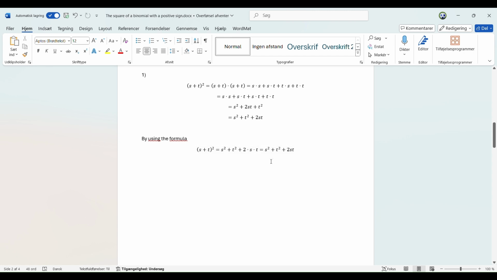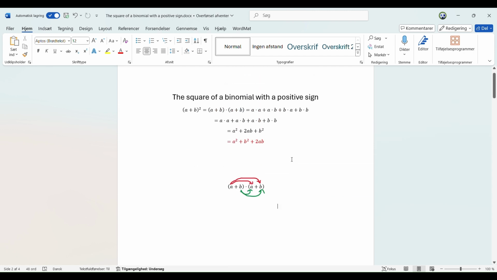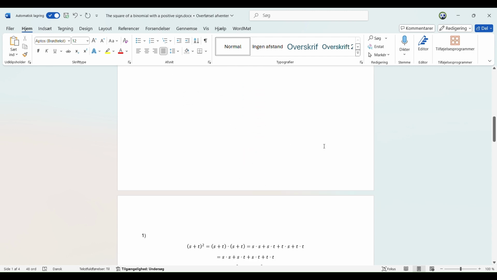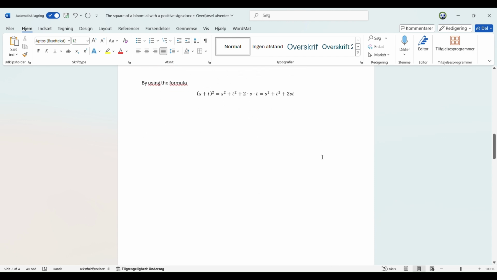We could do away with the multiplying signs, and then we've got s squared plus t squared plus 2st. If we just use the formula, we just have to remember, because we all sometimes leave it out, plus 2 times a times b in the end. We have seen it done up here and now down here too.